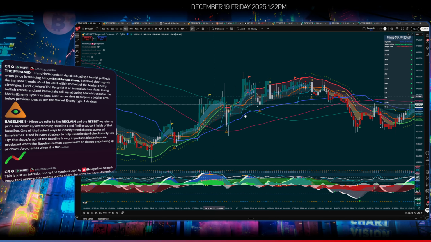So whenever you're looking at a chart like this, structurally, whether you're trading daily, 4 hours, 2 hours, 1 hour, 5 minutes, or 1 second, you're going to be looking at the exact same thing relative to the flags, to the pyramids over here.